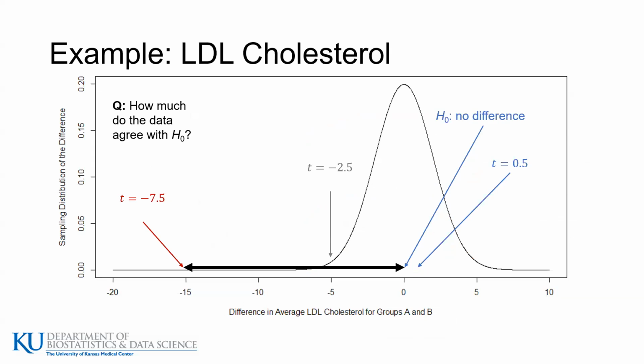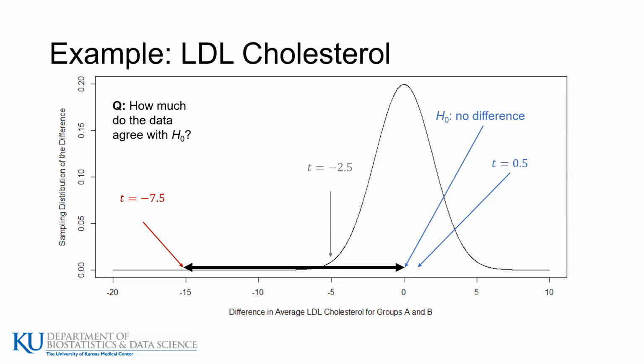So our test statistic here is t, which gives us an easy to interpret description of the evidence that the data collected in this study provides. So in the two obvious cases, the difference in the means of 15 would give us a t statistic of negative 7.5.